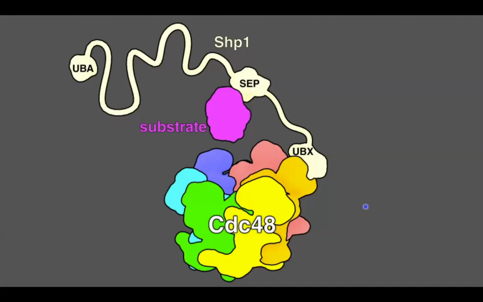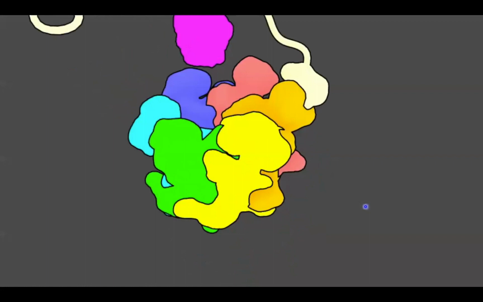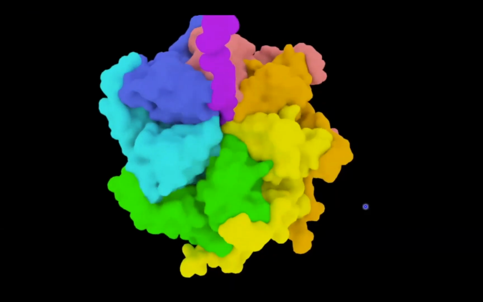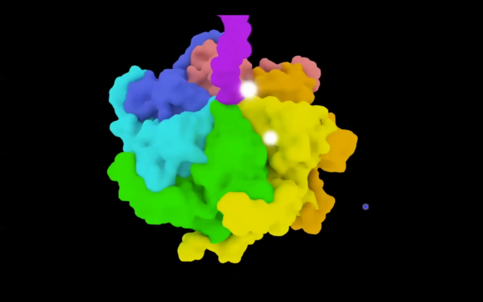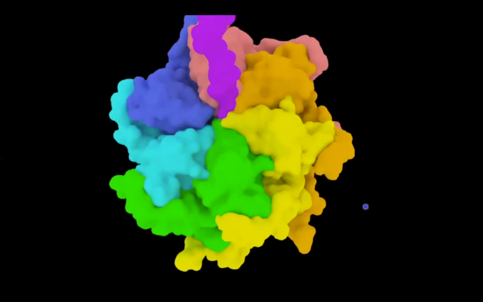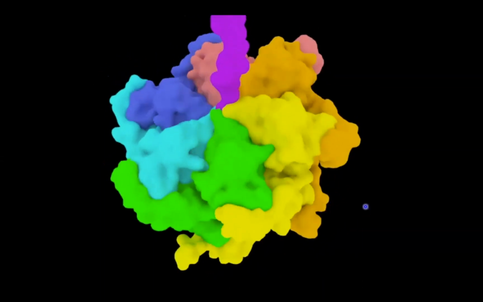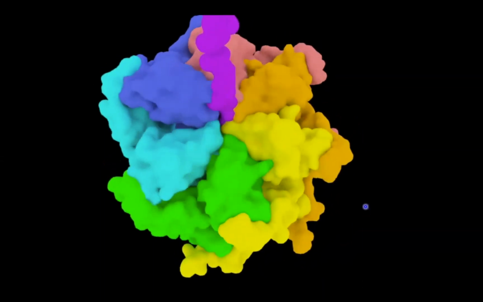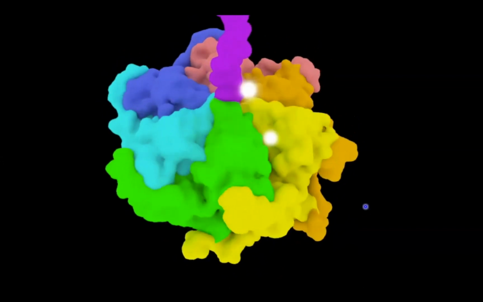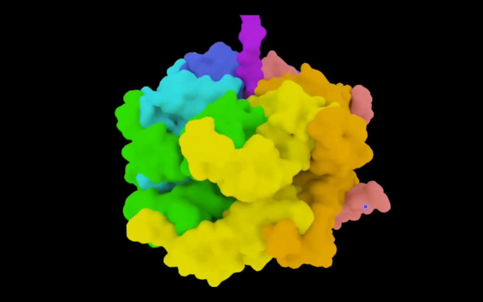Okay, this is just a final animation representing the overall concept. You have the SHP1 adapter was flag tagged and rapidly affinity purified to bring down an authentic substrate complex, and we're showing just the linear morphing between the different states that are present in the one asymmetric structure, with the flashes indicating the ATP hydrolysis that will occur in the D1 and the D2 rings.